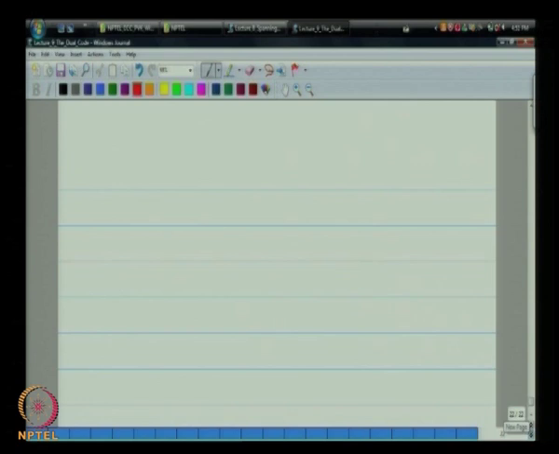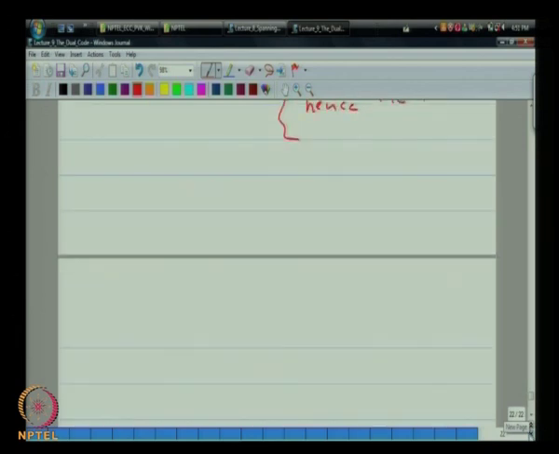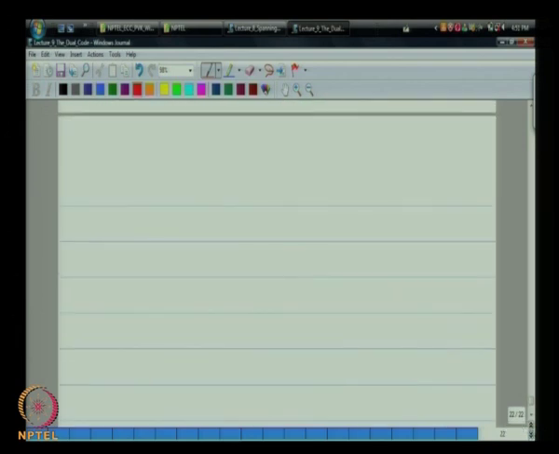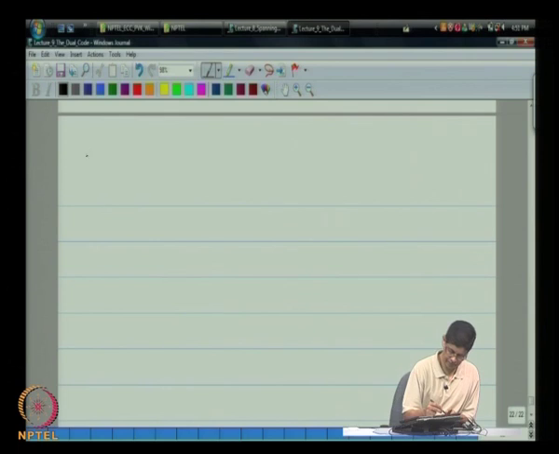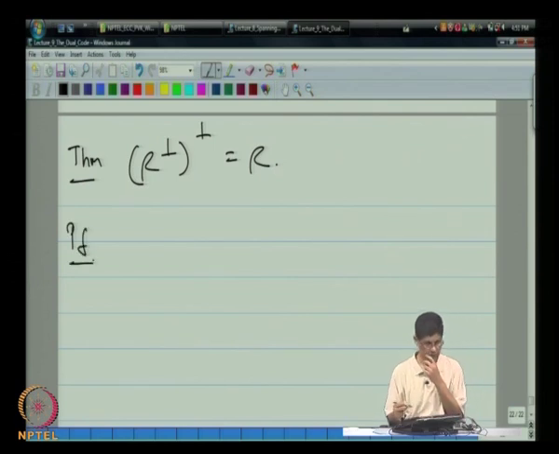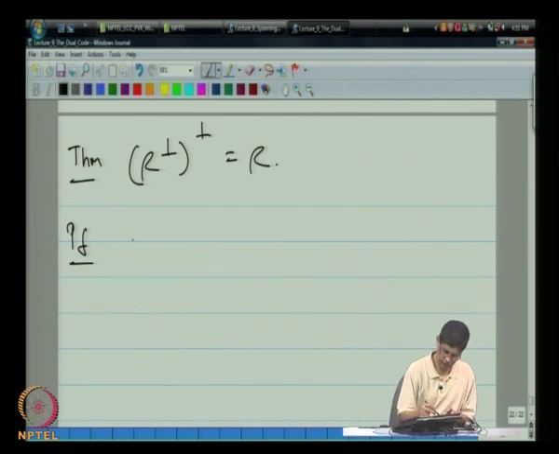Now, what we would like to show next is, I am not sure if we are going to have enough time to finish, but let us give it a try today. Theorem: C dual dual is C, that is, the dual of the dual is the original code.